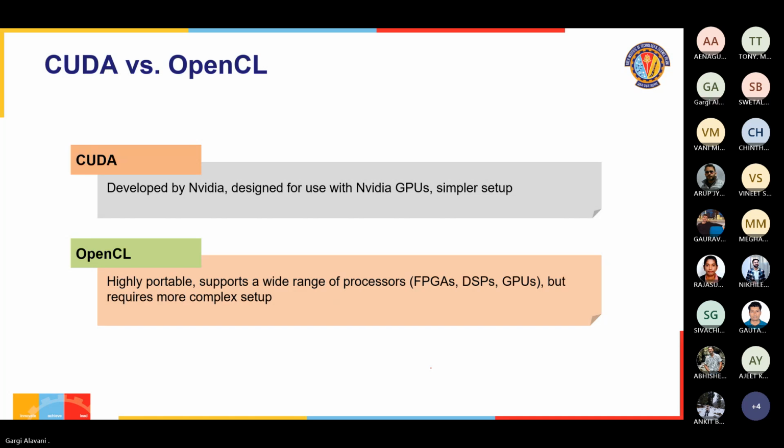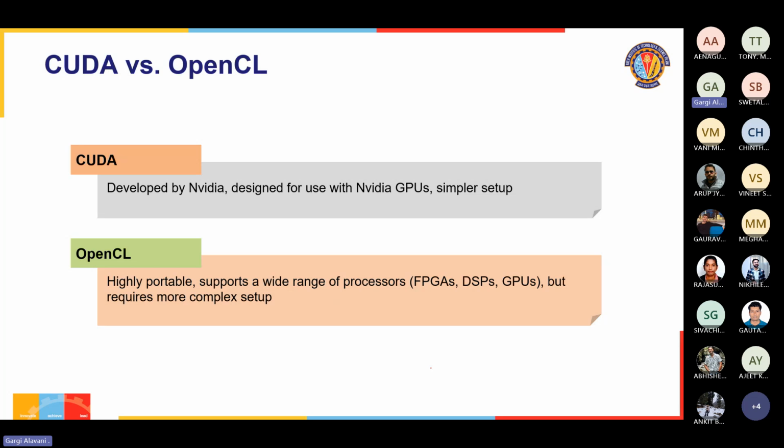for your NVIDIA GPUs. But what if a designer wants to create a solution and wants it to be used irrespective of which GPU it is using? That is, if someone wants to design a solution which is portable, so this solution should be able to execute on a GPU, and it could also easily be used on an FPGA.